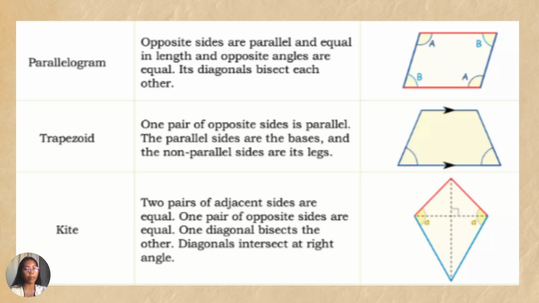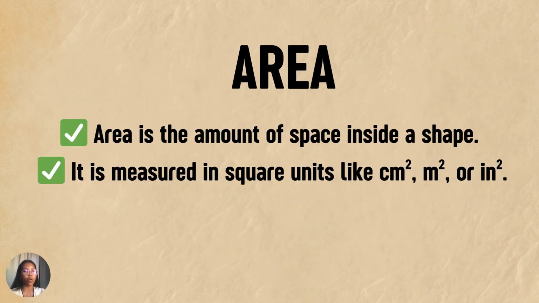Like a decorative paper craft, that is an example of a kite. Now, let's move to the area. Class, have you ever wondered how much space your classroom has, or how much wrapping paper you need to cover a book?